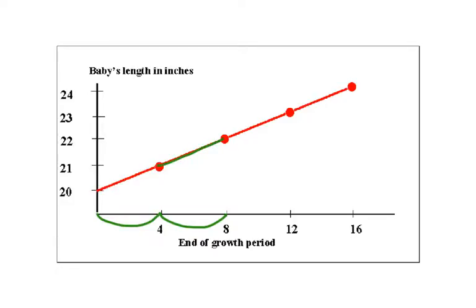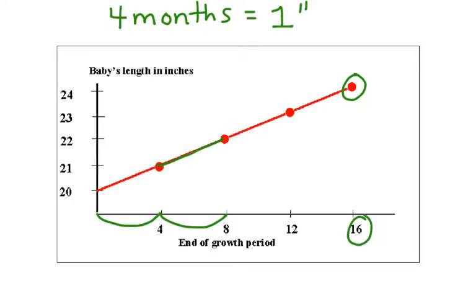So we can say that 4 months of growth equals 1 inch in length. So if the baby at 16 months was 24 inches, we can predict that at 20 months the baby will be 25 inches long.